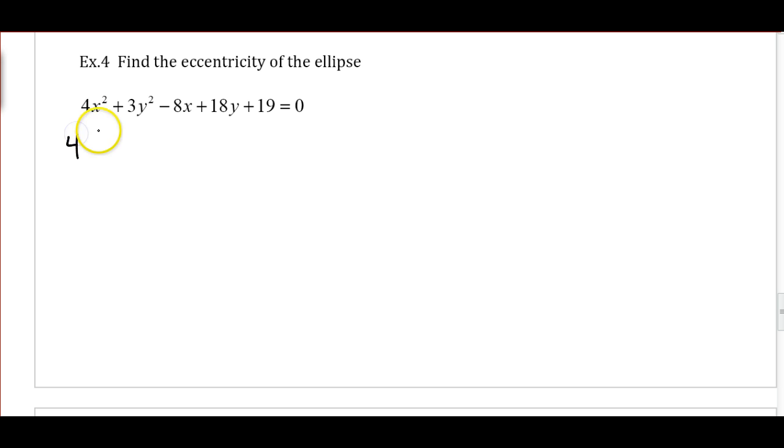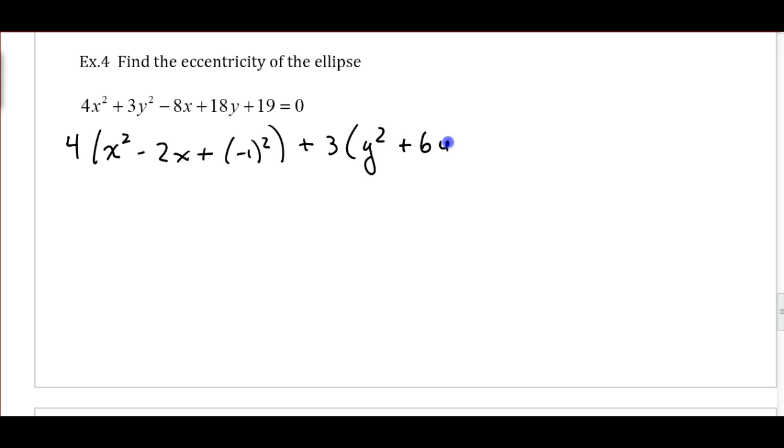I've got 4 times x squared minus 2x plus, take half of that, negative 1 squared, and then plus 3 times y squared plus 6y. We'll take half of that, which is 3, half of 6, and square it. Move the 19 over to the other side, so negative 19 plus 4 times negative 1 squared plus 3 times 3 squared.